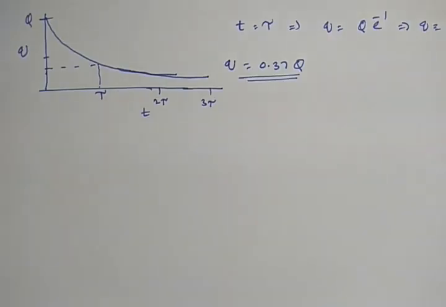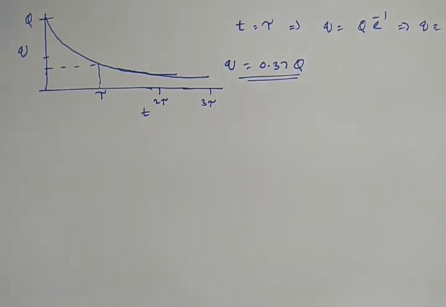So now look at a problem here. A capacitor of capacitance 100 microfarad is charged by connecting it to a battery of EMF 12 volt and internal resistance 2 ohm. Find the time constant of the circuit and also find the time taken before 99% of maximum charge appears on the capacitor.